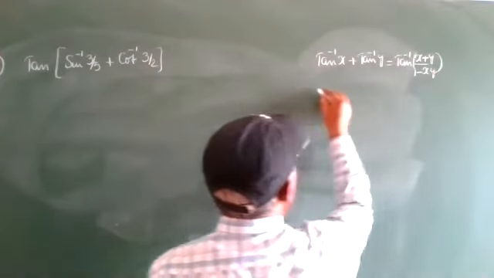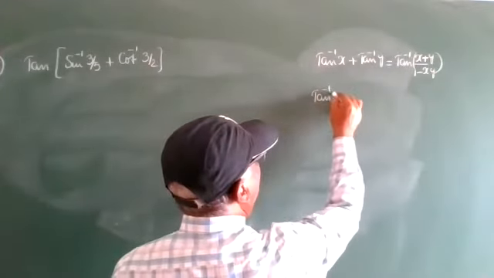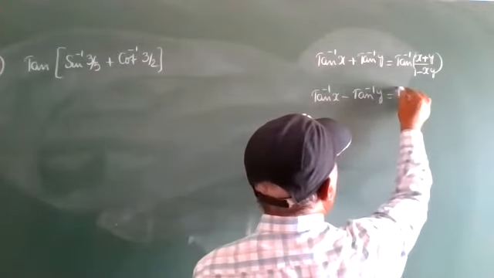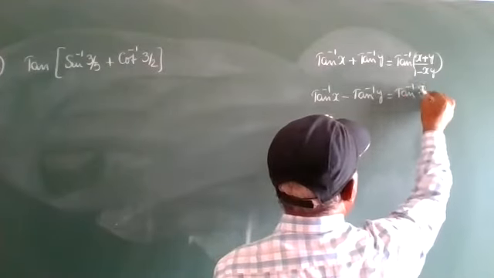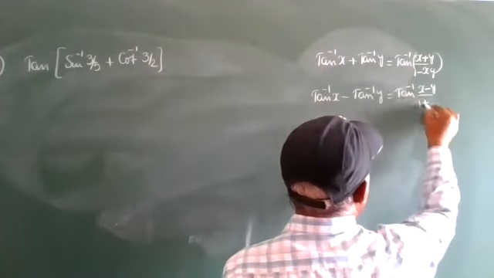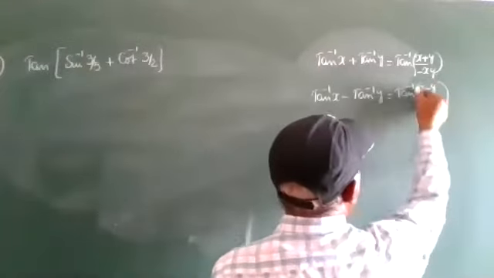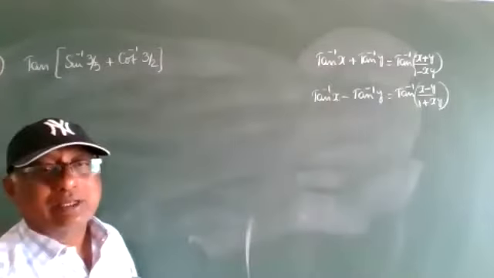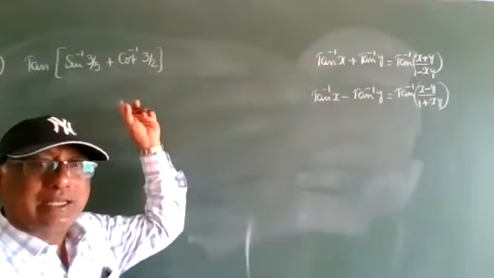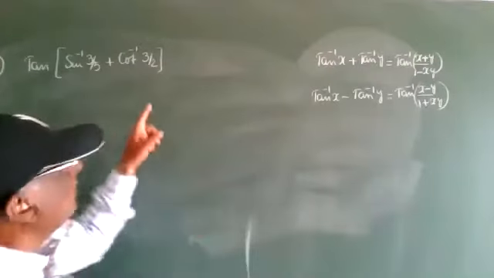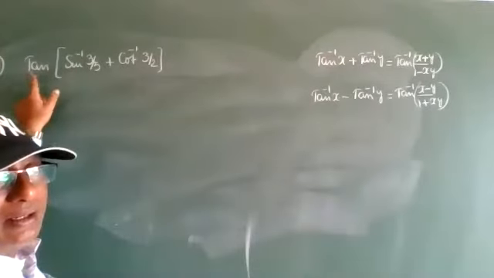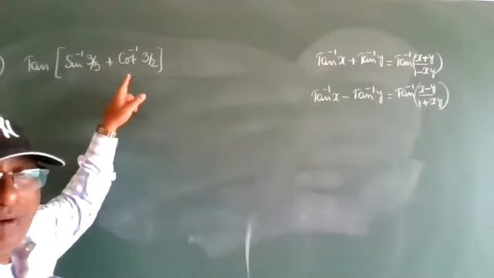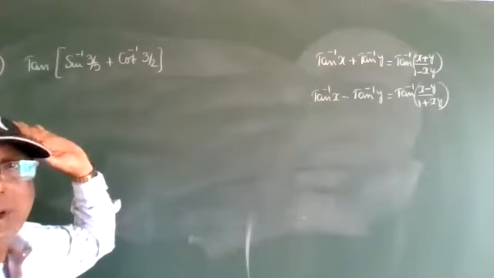And tan inverse of x minus tan inverse of y is tan inverse of x minus y by 1 plus xy. Why do we write this tan inverse formula, sir? Because given inside are sine inverse and cot inverse, but outside is tan. Compulsorily it should be tan inverse. Then apply the formula, and tan and tan inverse will cancel.